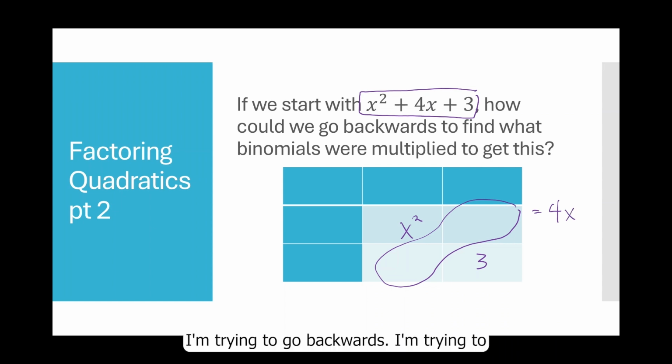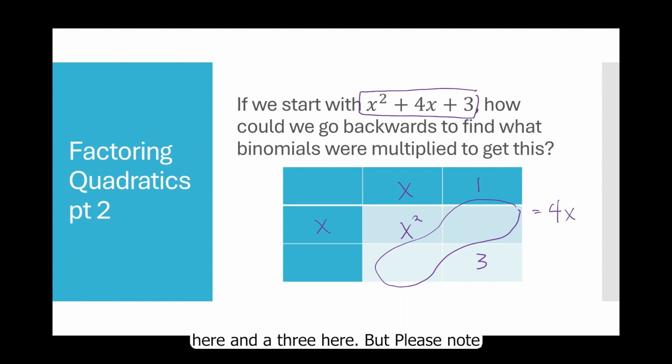So if I'm trying to go backwards, I'm trying to figure out what did I multiply to get these things. The only way to multiply to get x squared would be an x and an x, or I suppose an x squared and a 1, but that 1 doesn't sound like it's going to be a lot of help. And then for 3, the only way to multiply that is 1 and 3.